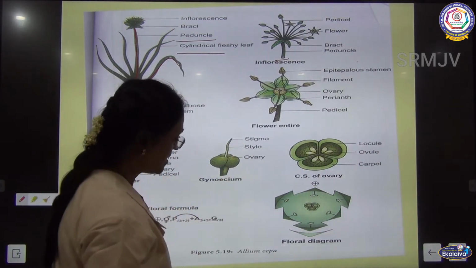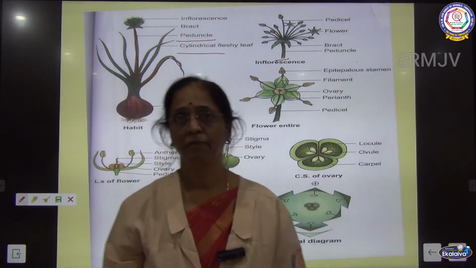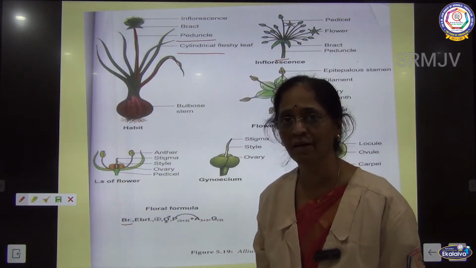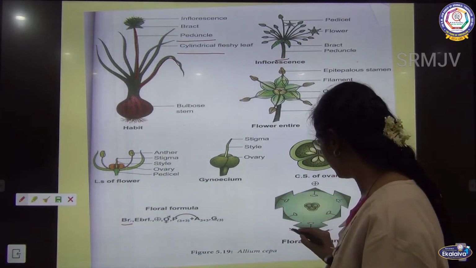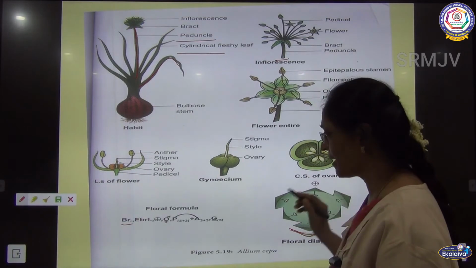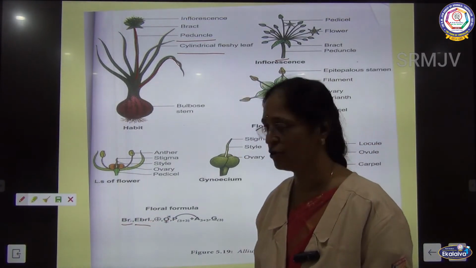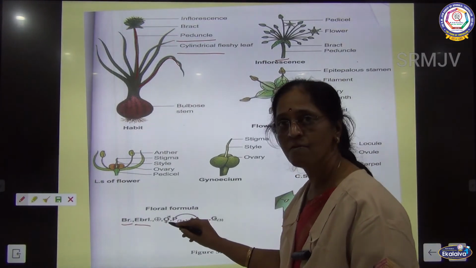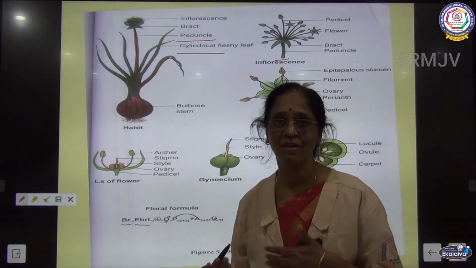And when we see the floral diagram with the floral formula, the flower is bracteate. So you will find that this is the bract, and this is the mother axis, and there are no bracteoles, so you call it ebracteolate. And actinomorphic flower, and this is bisexual, and you cannot differentiate calyx and corolla.